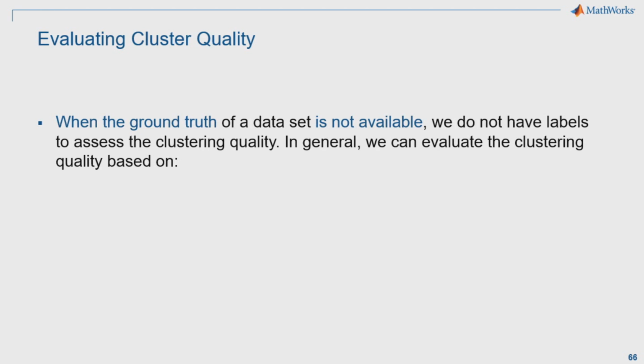As I said, when the ground truth of a dataset is not available, we don't have labels, and we can evaluate the cluster quality based, for instance, on the separation of clusters and also the compactness of the clusters. These are also the 2 features that I placed at the beginning of the introduction on cluster analysis, because they are typically the 2 features that you may want to address when selecting one clustering algorithm with respect to another.